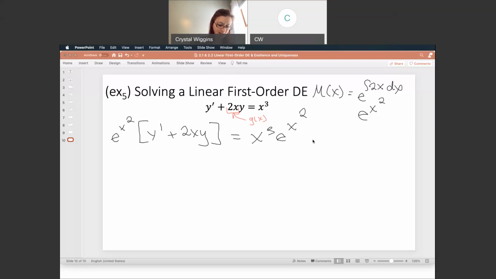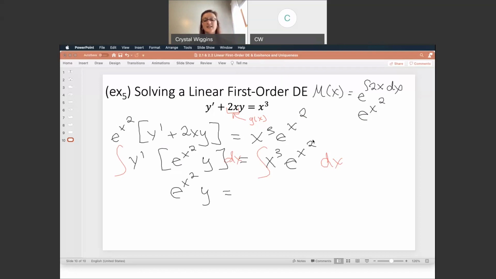We know that the left side rewrites as the derivative of the product of the integrating factor and y. And the right side stays as is. We are then ready to integrate both sides. The left side is straightforward. It is e to the x squared y.